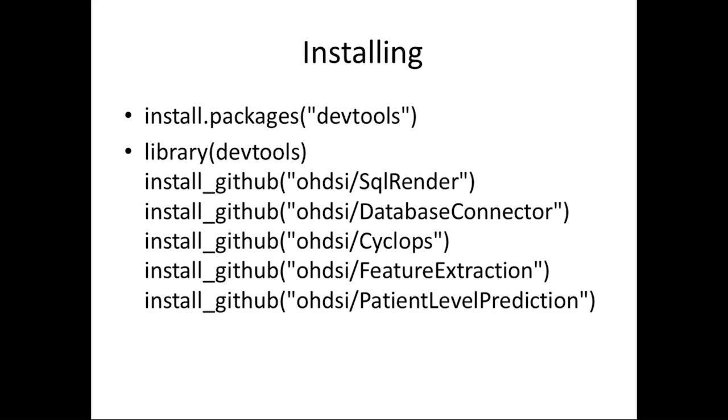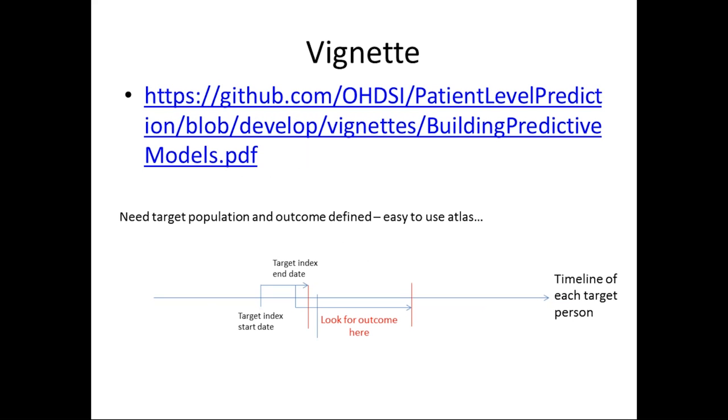Actually, I think now Cyclops can be done just through install.packages. So that's something where you can choose whether you want to use the Odyssey version or install.packages. So these are the things that you need before you get patient level prediction. Once you've run all of this code, which you can get from our PDF that we've got online, and just copy and paste, you can actually run our package, and it should be working.